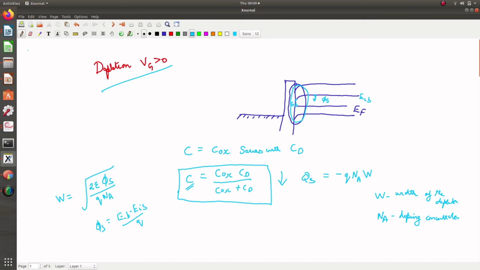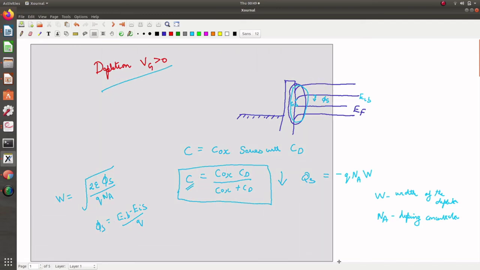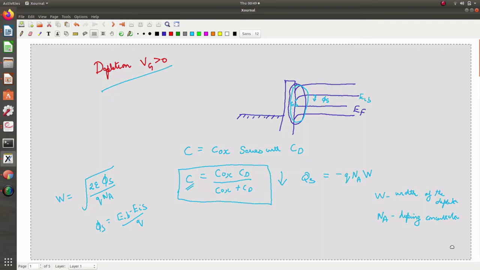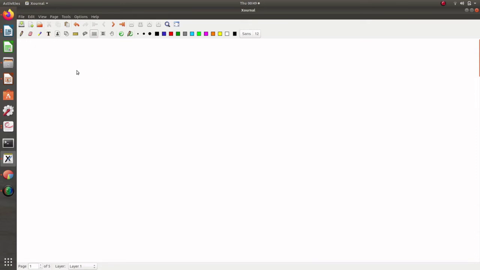Now we shall see the third condition, which is known as the inversion. Inversion happens when Vg is still greater than 0, when Vg is increased further compared to the initial depletion.